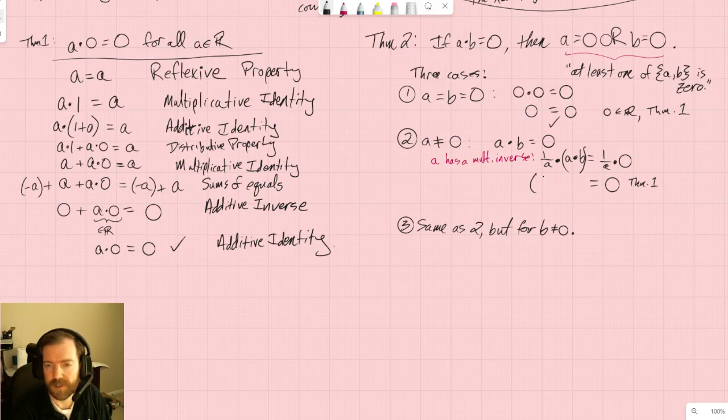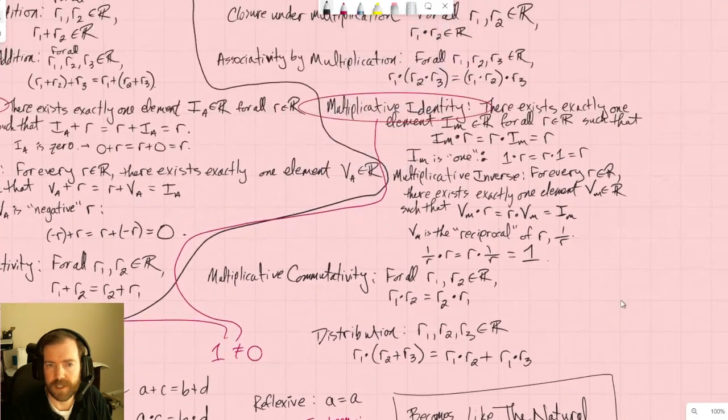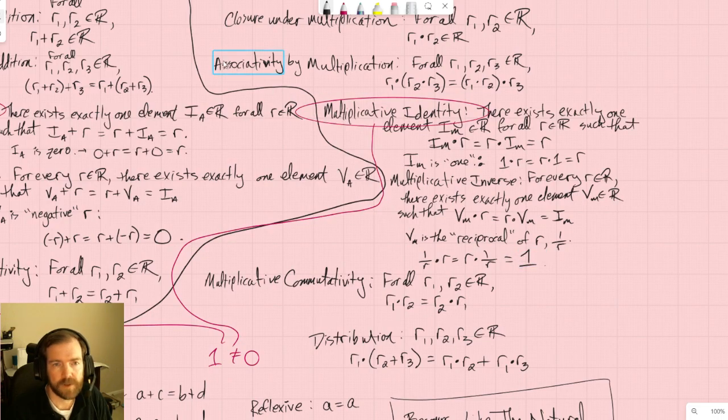So we're going to associate 1 over a times a and leave times b on the outside there. So this should be multiplicative associativity. Associativity by multiplication, right? For R1 times parentheses R2 times R3, it's going to be the same as R1 times R2 parentheses times R3.